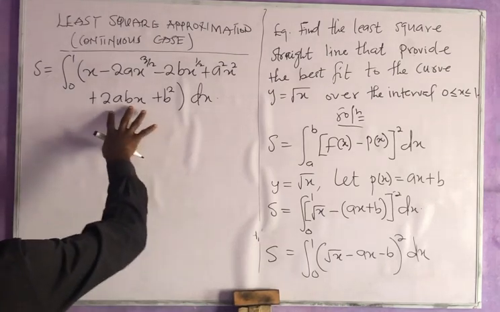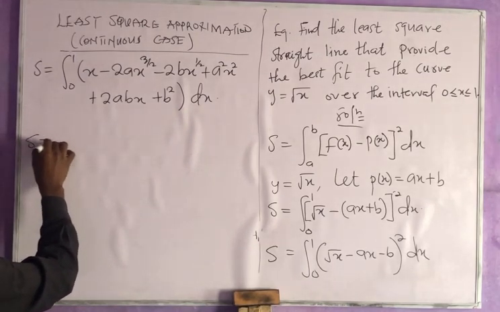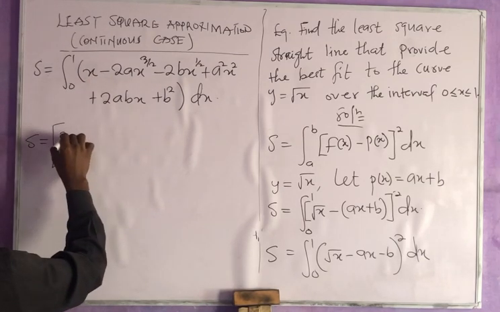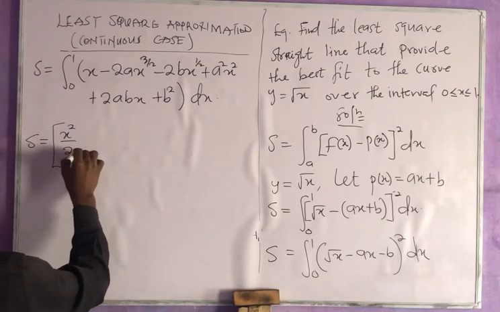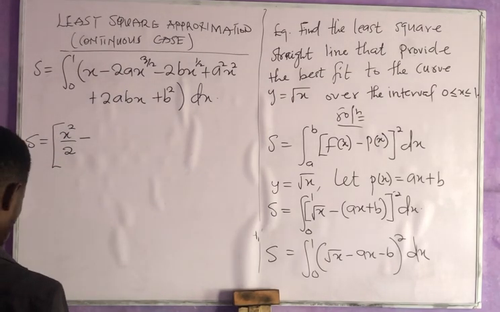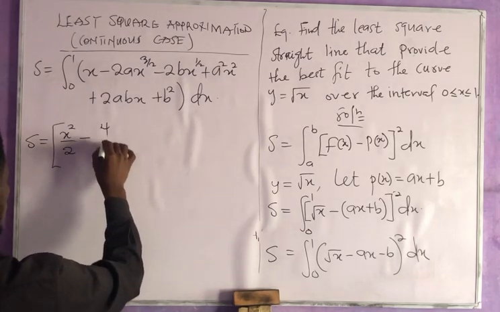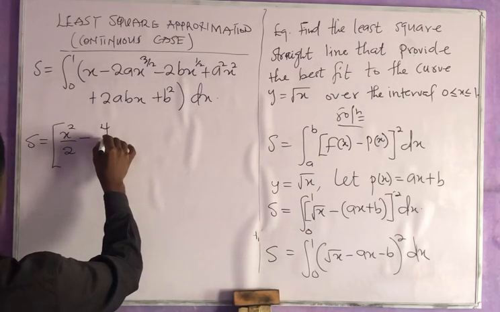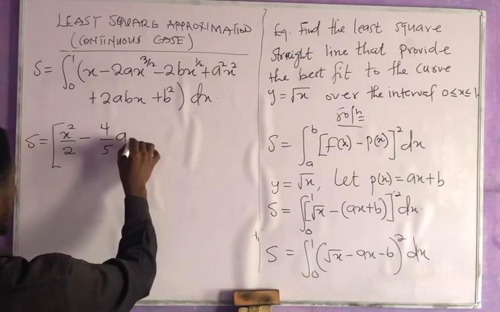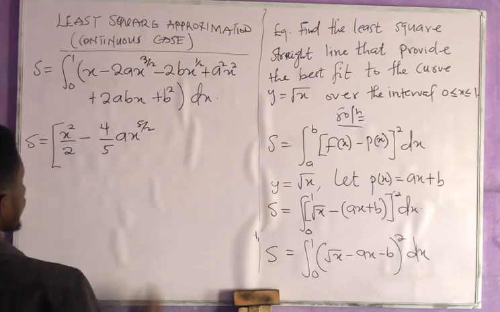So if we are integrating this with respect to x, then I'm going to have x squared over 2 minus, if I integrate this one, that will give me 4 over 5 a x to the power 5 over 2.